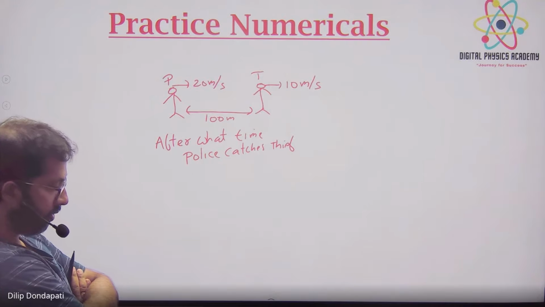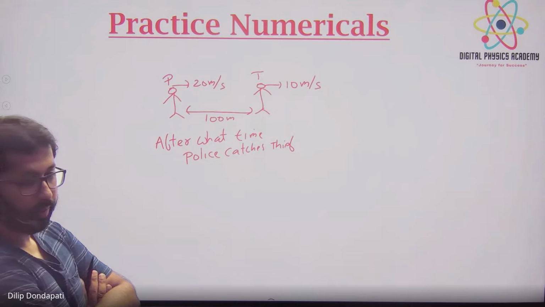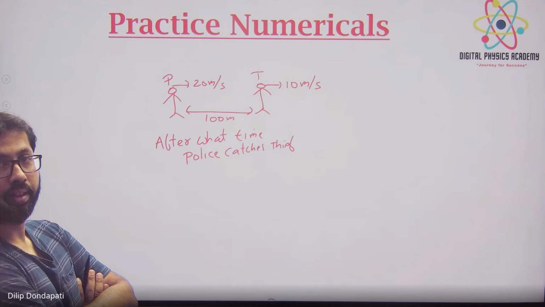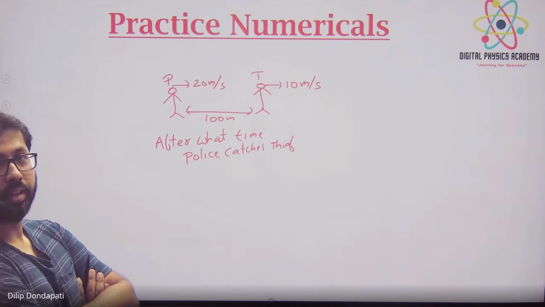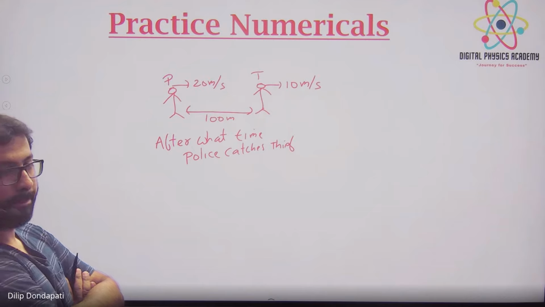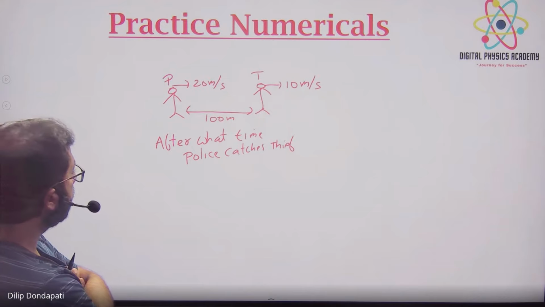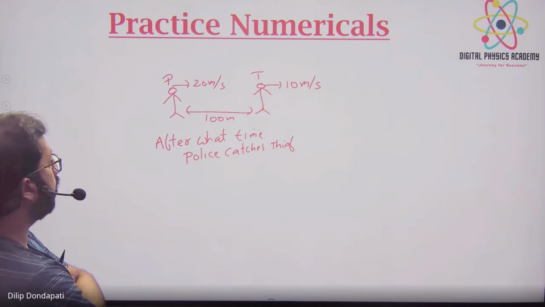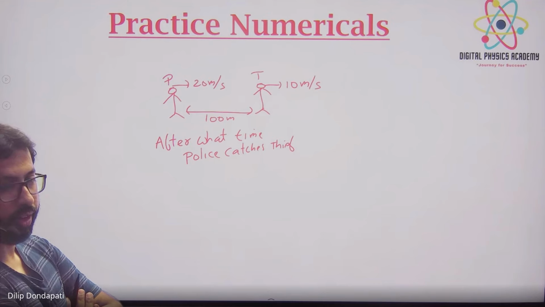So 10 seconds. कितना? 10 seconds. हाँ 10 seconds. Good. कैसे किया? So I found VPT and then velocity of police with respect to thief के respect में if you can find you will get the answer.